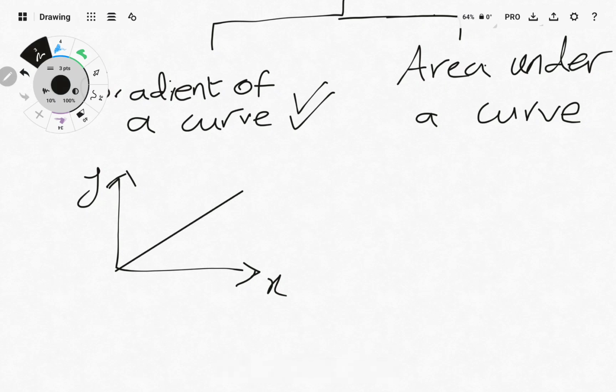Obviously we have been doing this for a long time, since grade 7, 8. We know that to find the gradient of a straight line we use the formula m equals y2 minus y1 upon x2 minus x1, right?